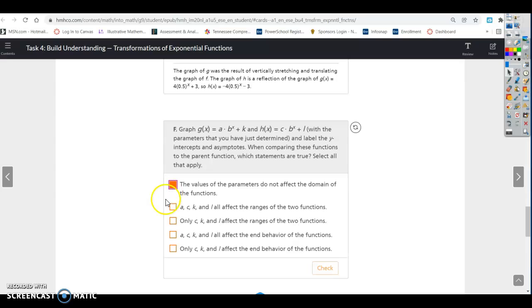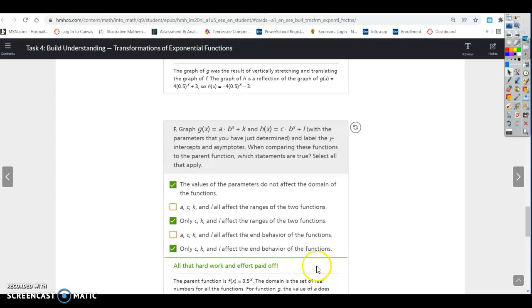Then it says A, C, K, and L all affect the range. The range is your y values. It's going to move it up and down. So A does not affect that, but your C, K, and L could affect that. A, C, K, and L all affect the end behavior. Again, A doesn't affect your end behavior, but C, K, and L could affect the end behavior as well.